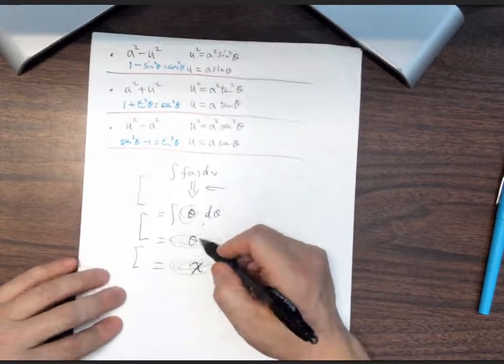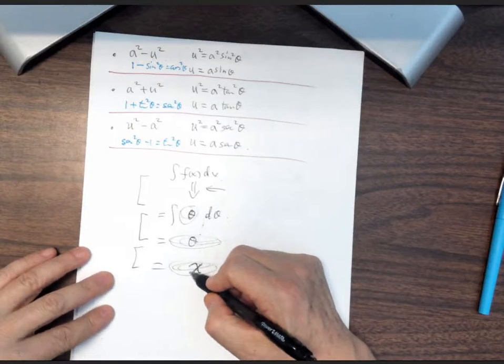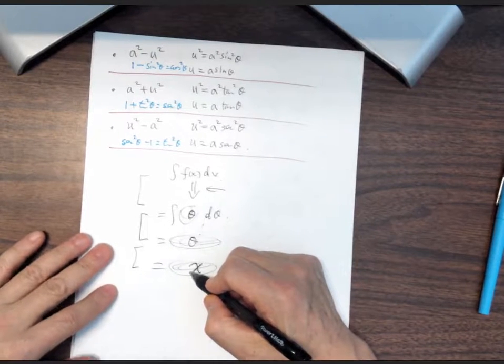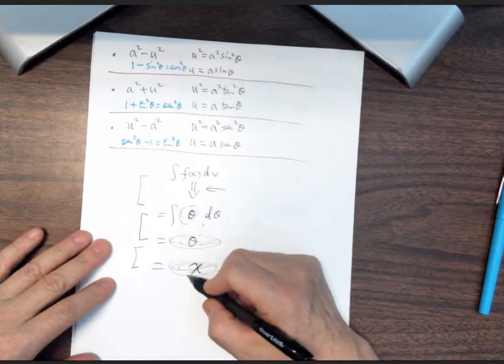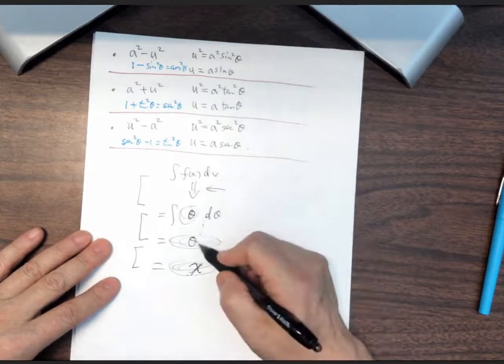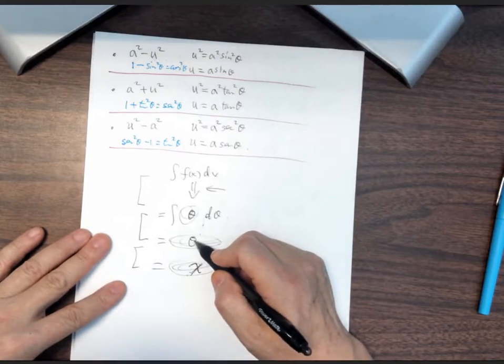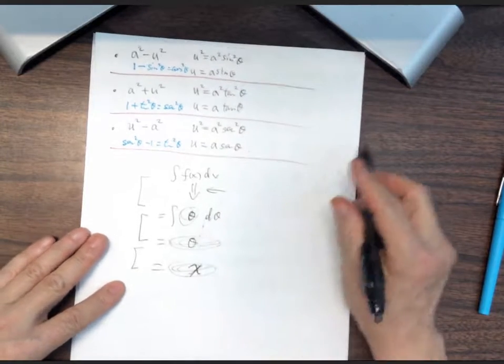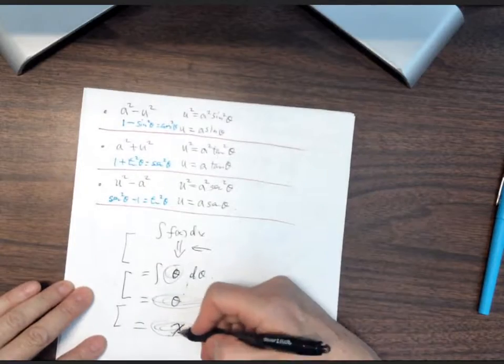And the third part, most of the time we need to rely on a triangle, which is based on the trig substitution involved.